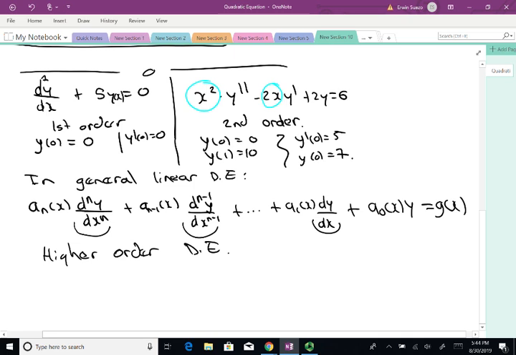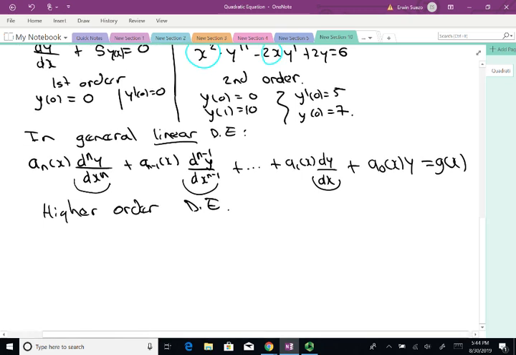Okay, but it's linear. So first we're gonna deal with linear differential equations. Well, actually we're not gonna do nonlinear. We might do one nonlinear, but in general we're gonna do linear.